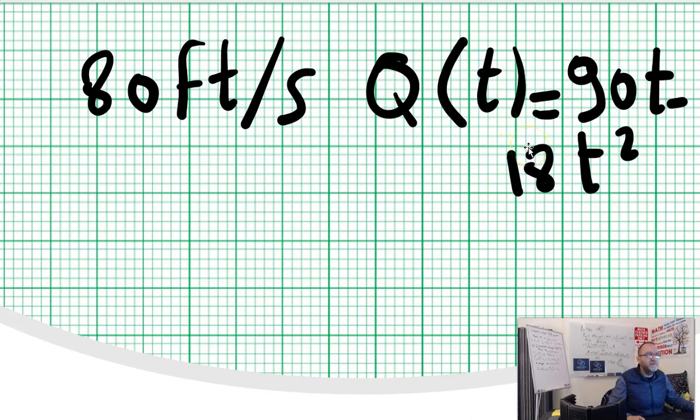Now, what is the maximum height reached by the ball? That's the first question. So eventually the ball is going to fall down, right? And so the maximum occurs when the ball turns around. So there must be a horizontal tangent at that height or at that point, okay? This is something that you can imagine yourself.